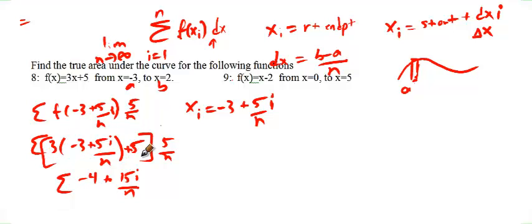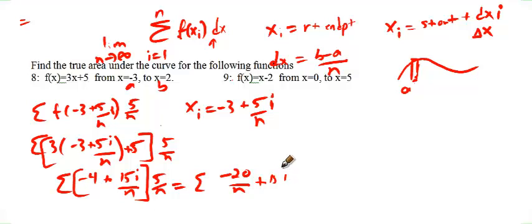That's just the inside here. All of this is still times 5 over n, which gives us the sum of -20 over n plus 15i over n squared, from i equals 1 to n.